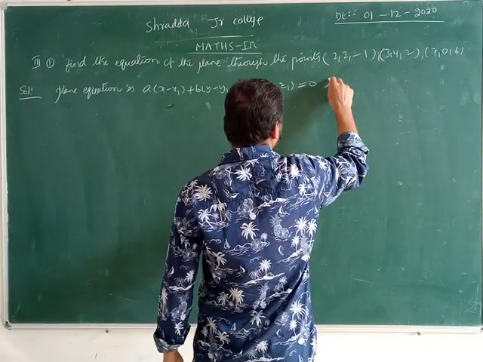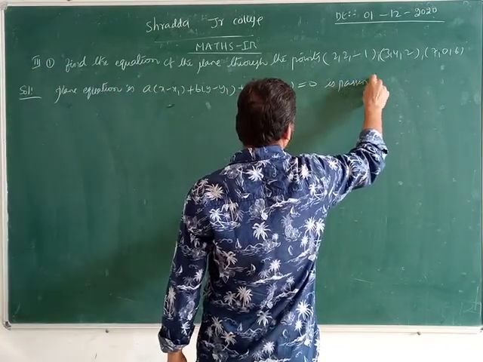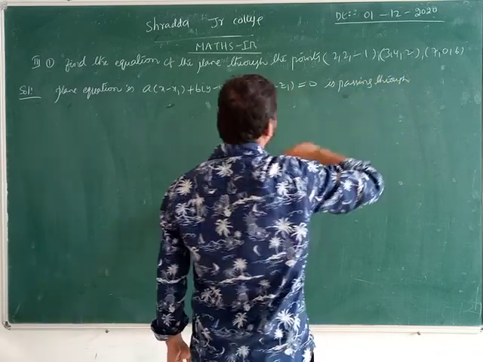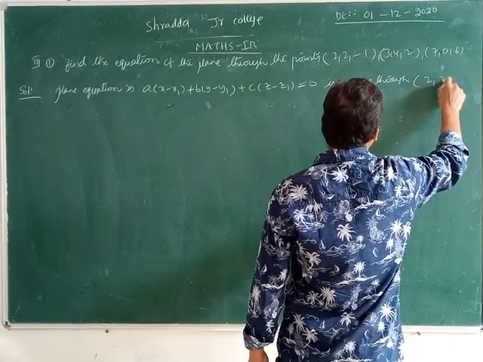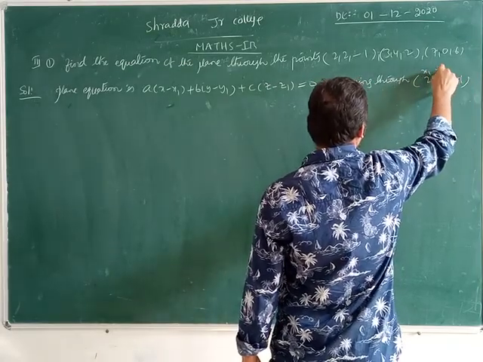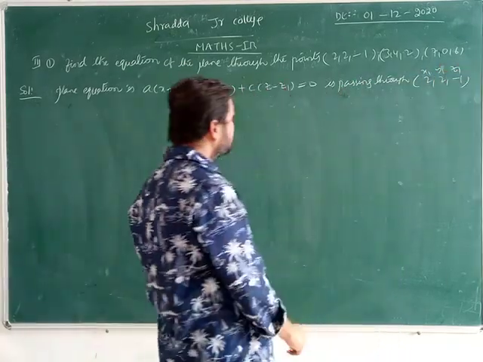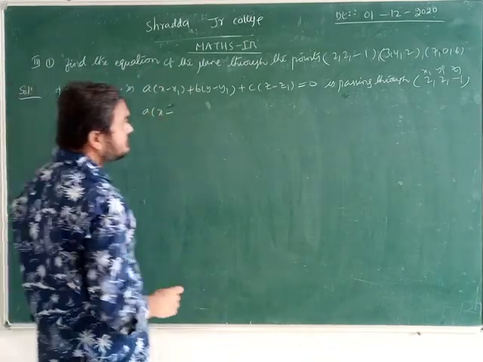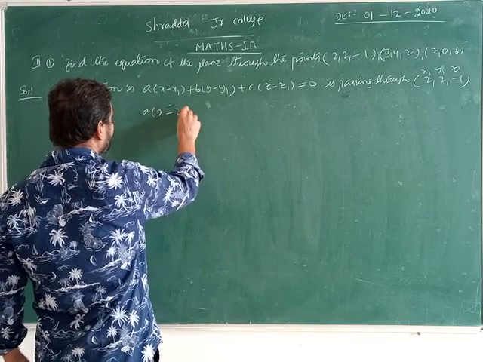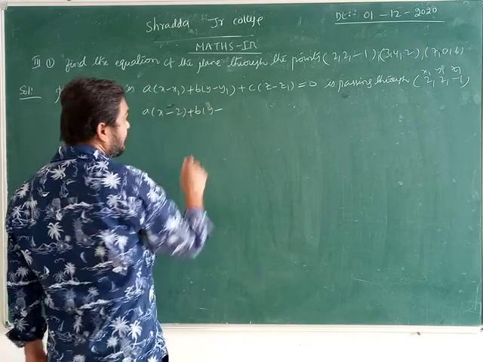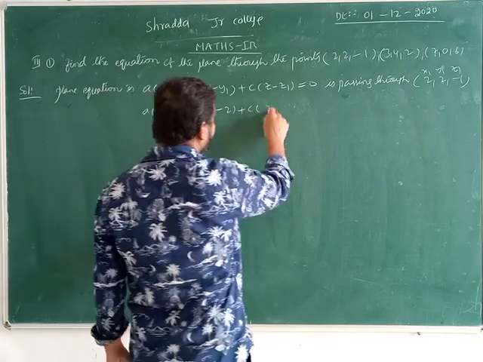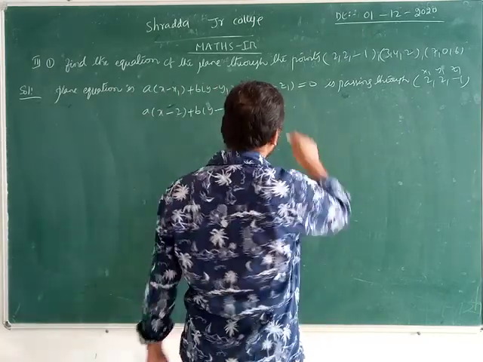Now this is passing through 2 comma 2 comma minus 1. Now see here, A into x minus, what is x1? 2 plus b into y minus, what is y1? 2 plus c into z minus, what is z1?